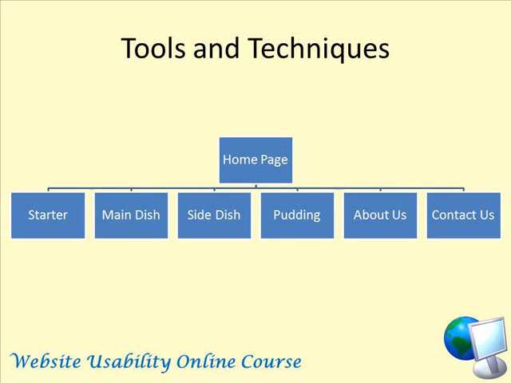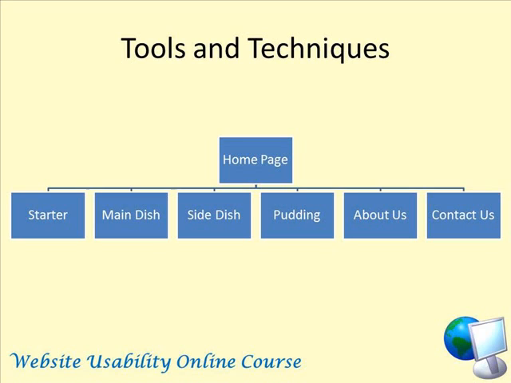A second technique is to create a hierarchy diagram of your website, fairly similar to the one shown here. Starting with the home page, which we will look at in more detail in the final topic of this course. And then we consider what categories are going to be of interest.